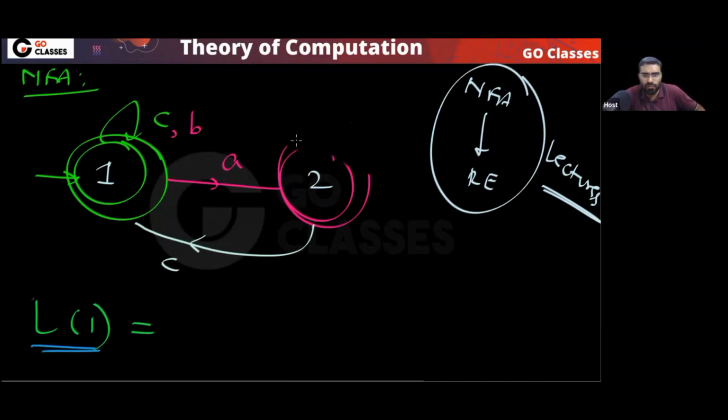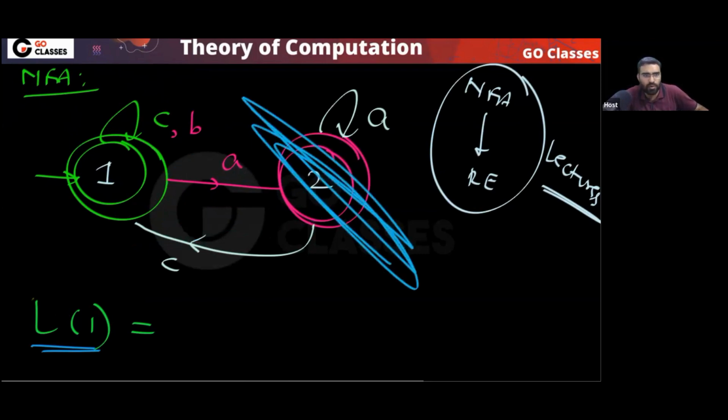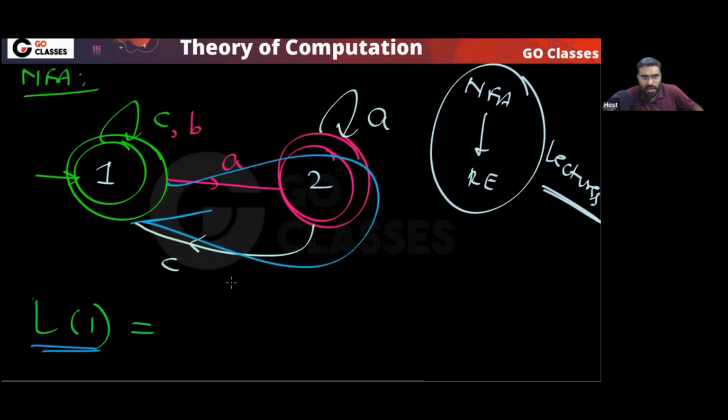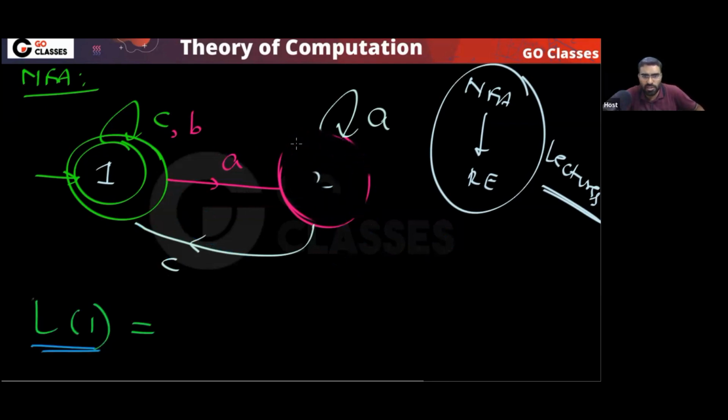If I remove state 2, which transition do I need to make? If I remove state 2, then this self loop I will get: A star C. Any number of A, then C. Agree?